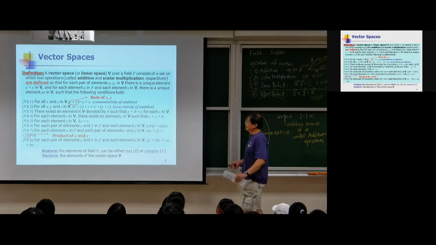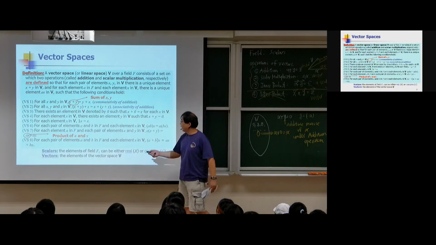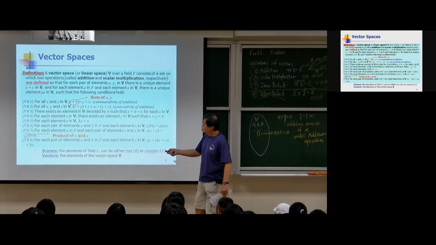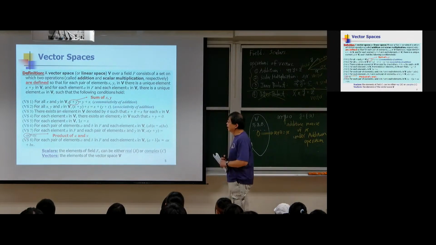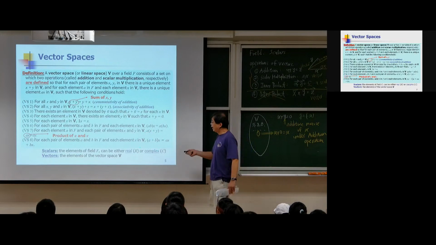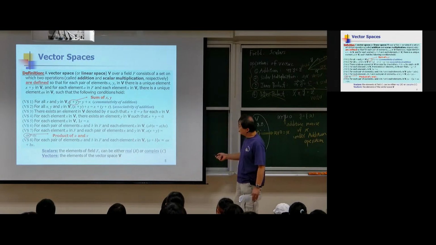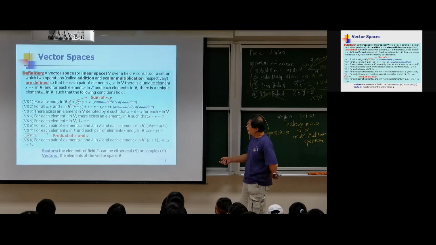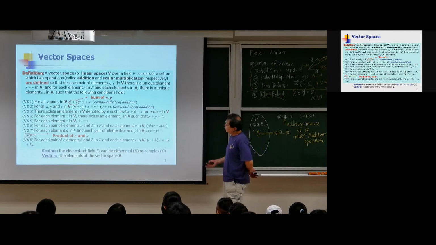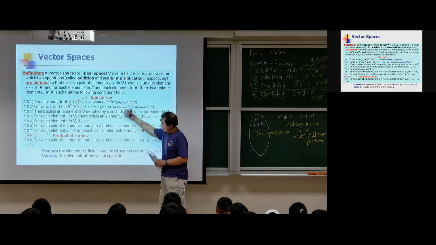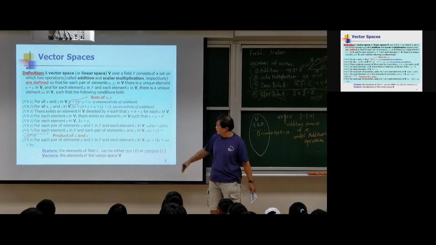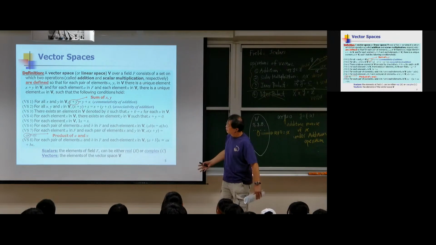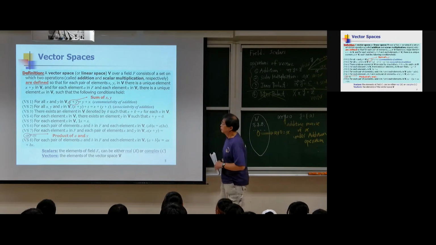And VS8 is that if I have two scalar elements, A and B, and a vector X, then the addition of the scalars first times the vector, the scalar multiplication, will be equal to A times X plus B times X. So for these 8 facts, we are very familiar with them.